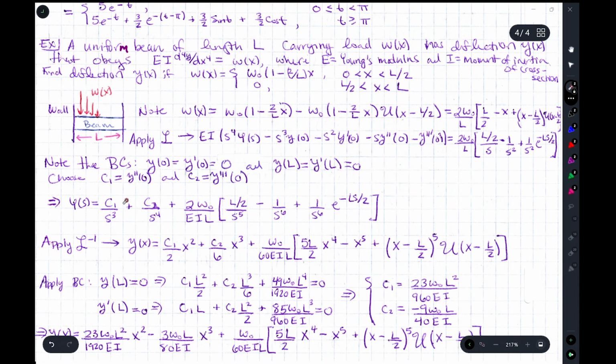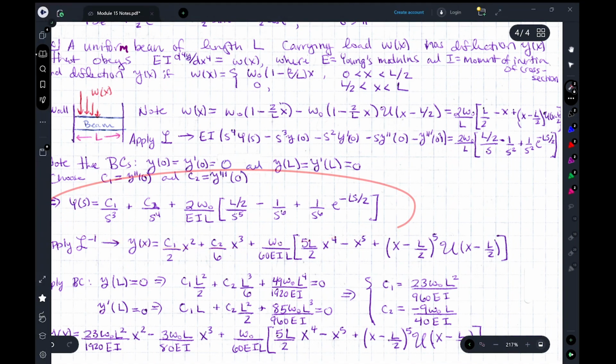And we actually have some wiggle room with the second derivative and the third derivative. So we're just going to set those to constants, okay? We're just going to set those to constants, and you'll see why in a second. So using this, we solve for Y(s). We get this expression there, okay, once we simplify.